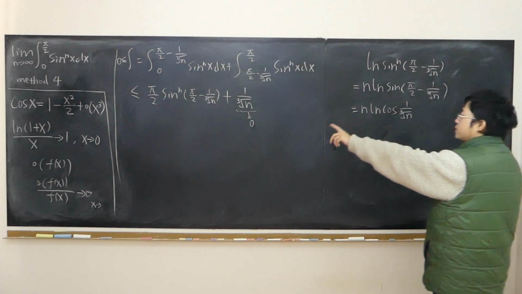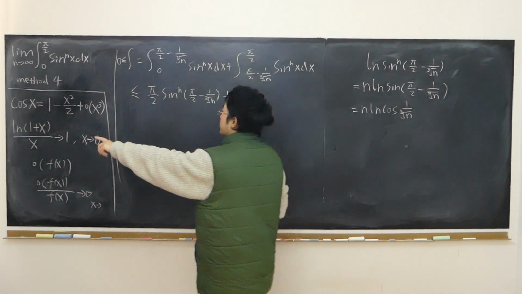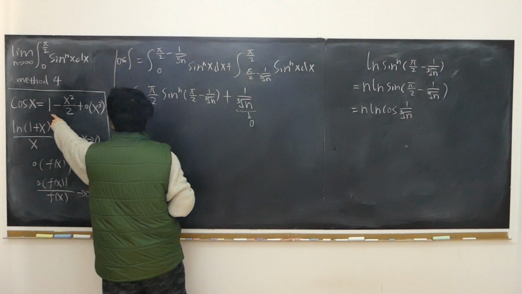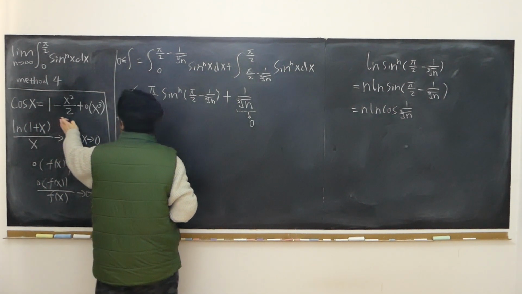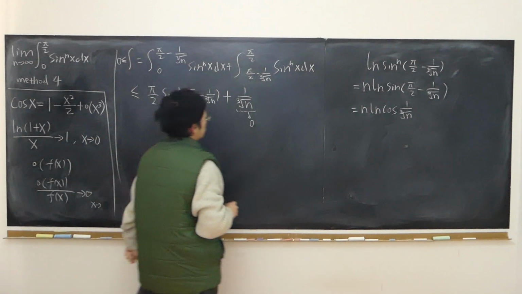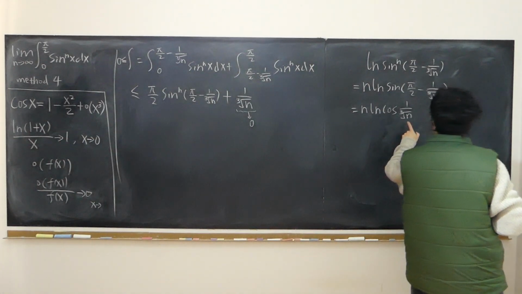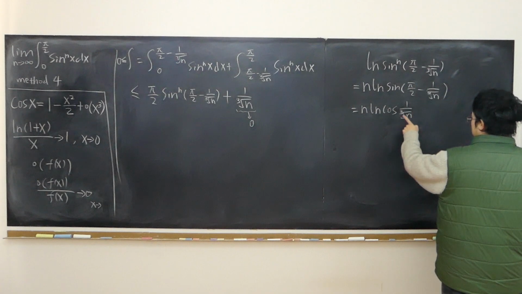So remember, as n approaches infinity, this quantity approaches 0. Therefore, we can utilize the Taylor series near the point 0. Cos x can be written like this. So x is my 1 over cubic root of n. This is my x.